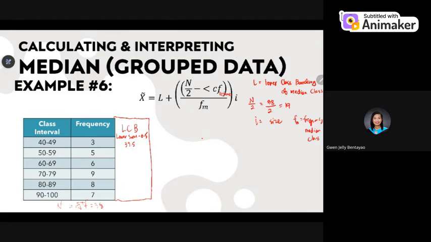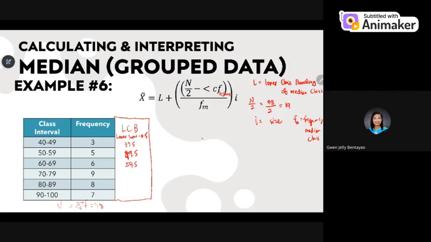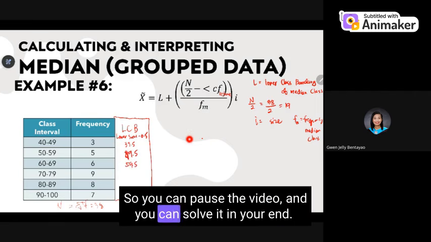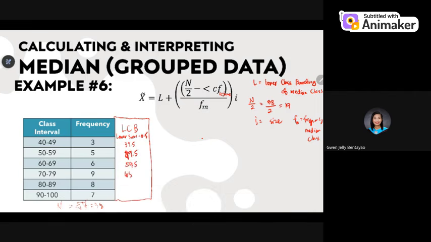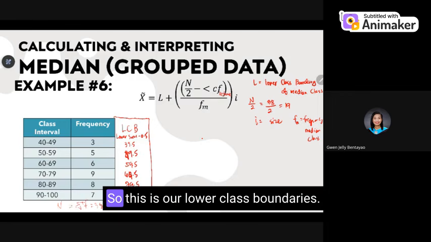And 50 minus 0.5, that would be 49.5, and so on. So you can pause the video and solve it on your end. 69 will be 69.5, this will be 79.5, and this will be 89.5. So these are our lower class boundaries.